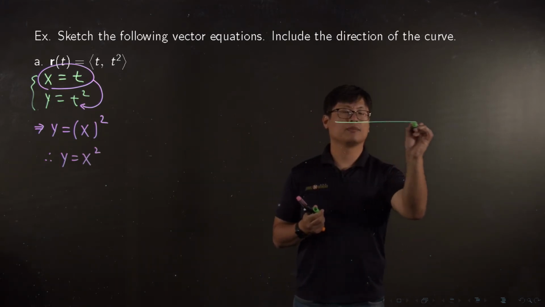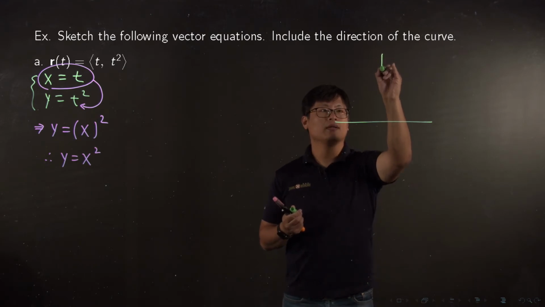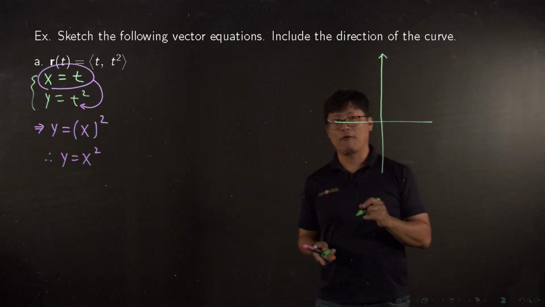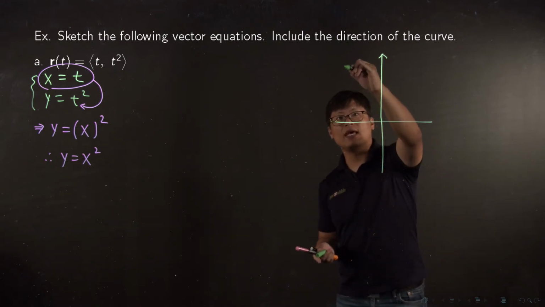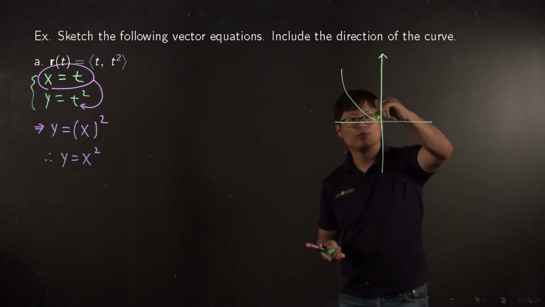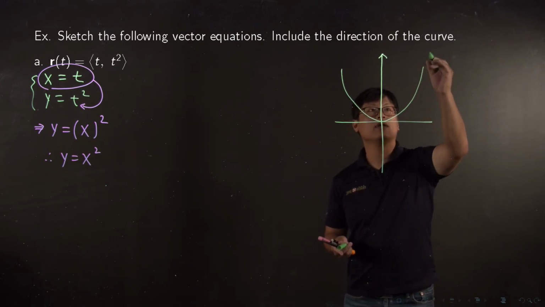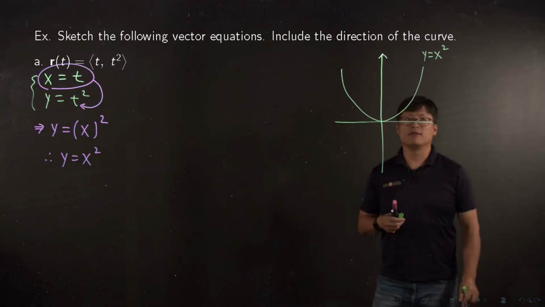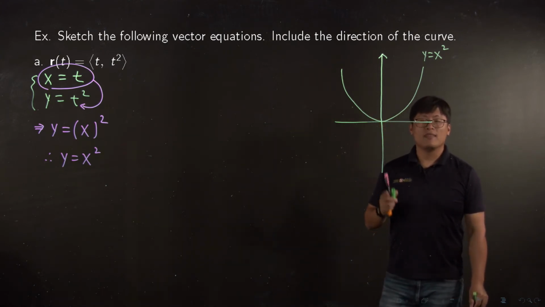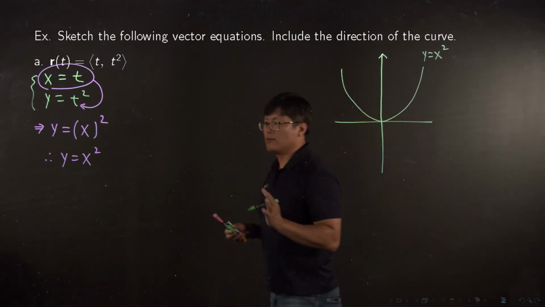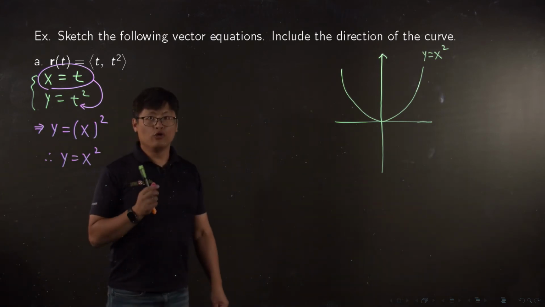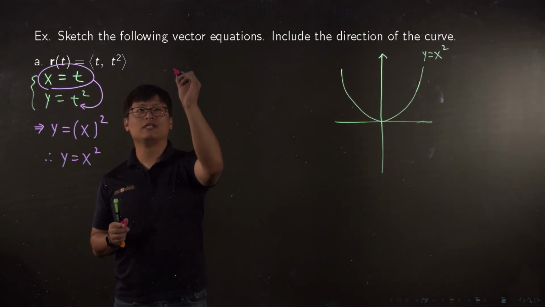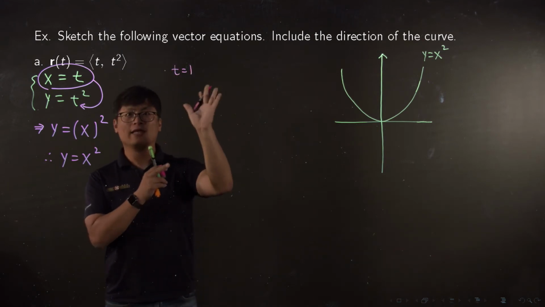It is a parabola, a smiley face, because you have a positive coefficient of x squared. Smiley face and passes through 0, 0. This is the graph of the given vector function. Now, let me figure out the direction of motion. You can choose any t value, so for my convenience, let me choose t equals 1.